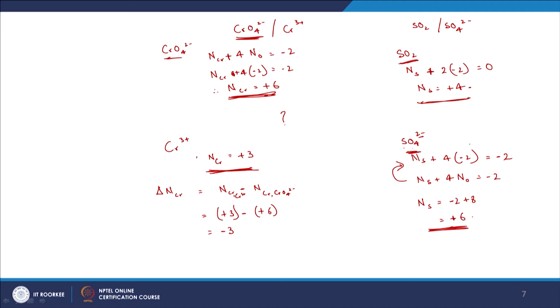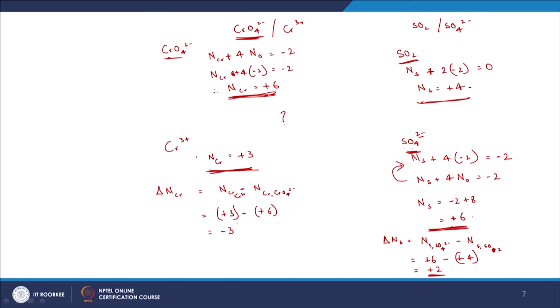And in this particular case, the change in the oxidation states, which would be equivalent to the transfer of the number of electrons, I guess, right? SO2 here, right, is going to be equal to +6 minus +4, that's equal to +2, right? So this is what I have here.